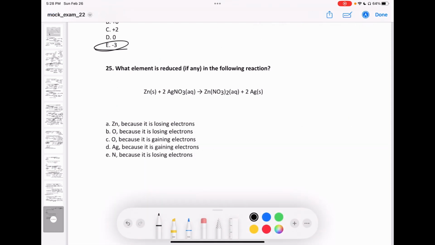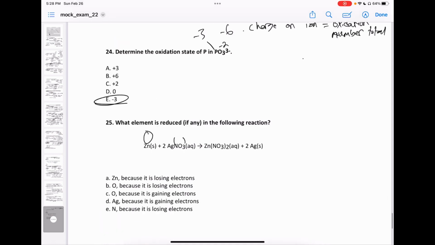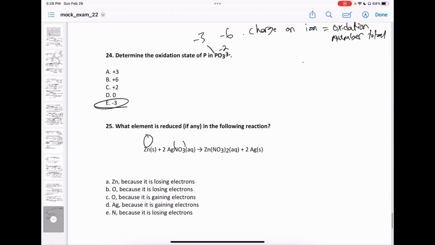Cool. And then what element is reduced, if any, in the following reaction? You can just look at this. This is obviously a redox reaction, because look at this. We have 0 for this because it's a pure element. And then the overall charge on this, you guys remember how the charge on the ion has to equal the oxidation number total.